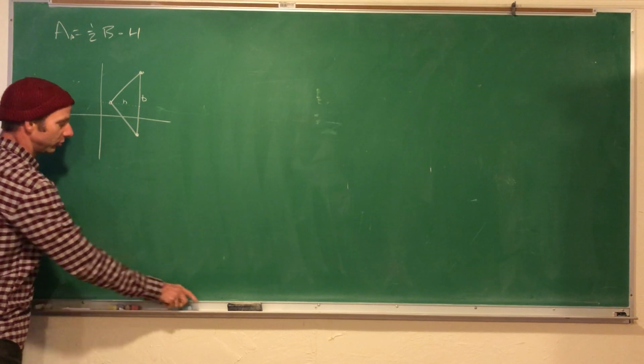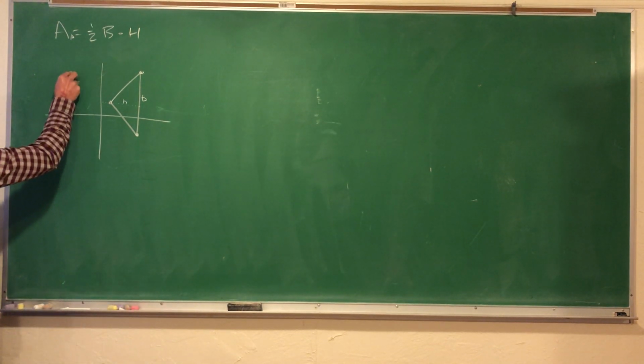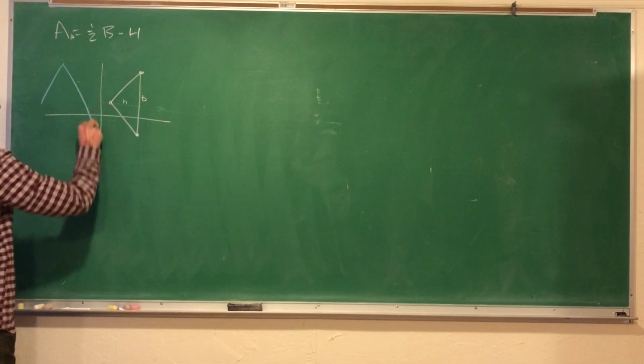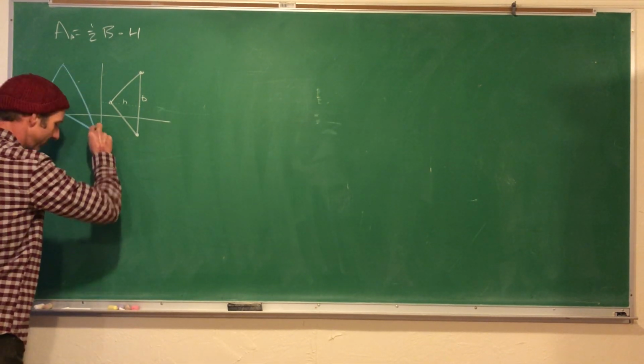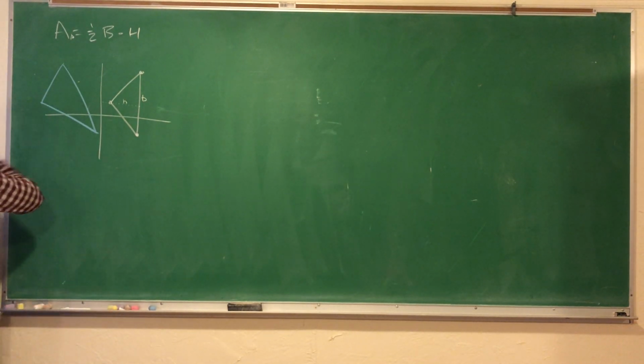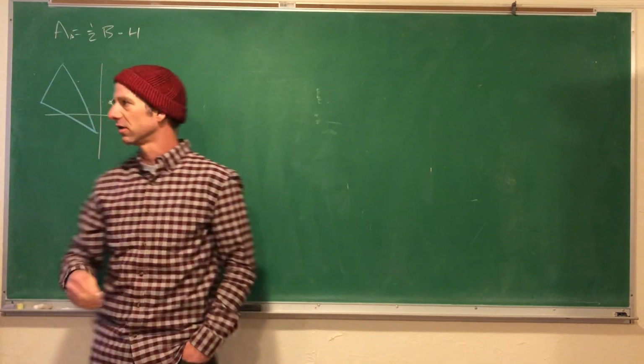Let's up it a little bit. What if we had a triangle instead that was, I guess you could say, crooked? What if it was something like that? That's not 90 degrees. If we have a triangle like this, trying to figure out its area is going to be a little more challenging.